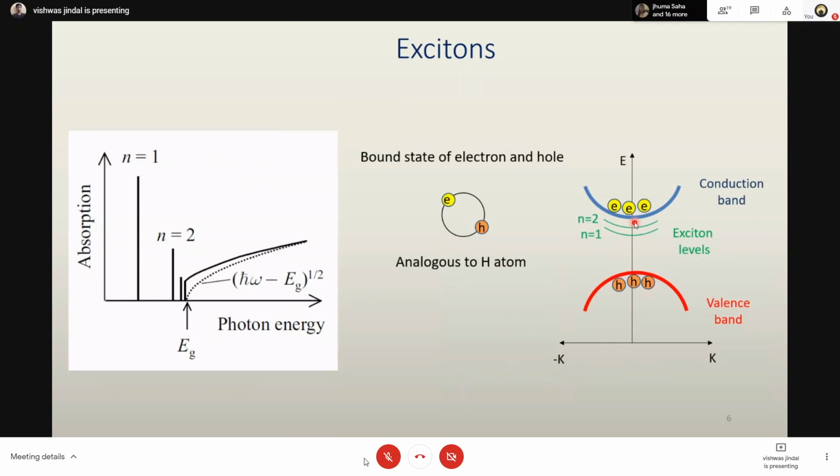Now, this is not an accurate picture, because these bands are drawn in the one-electron picture, and the exciton is a two-particle thing, so you cannot actually visualize this in this picture. But I just wanted to show that these exciton levels lie lower in energy, just below the conduction band, not above the valence band.